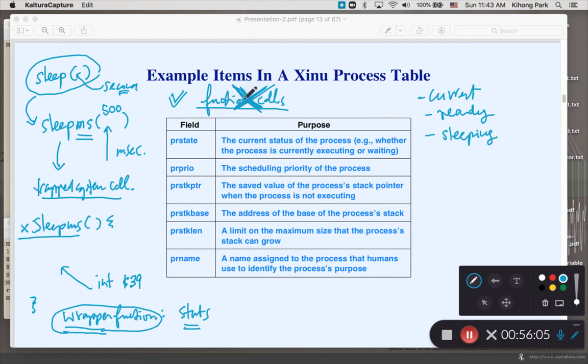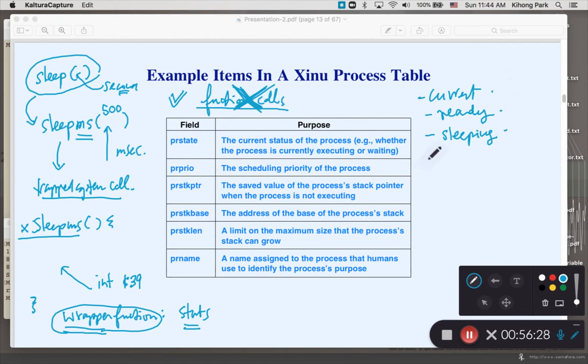But don't ignore the cost that making lots of function calls, if it can be avoided and the software is still modular and nice, in general, may result in faster performance. So current, ready, sleeping.